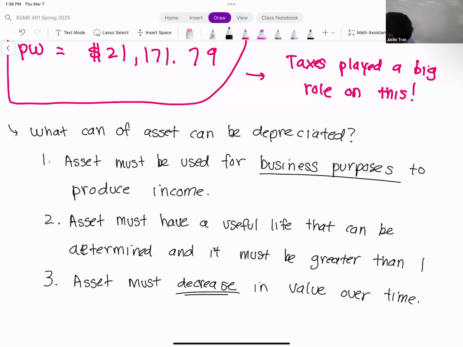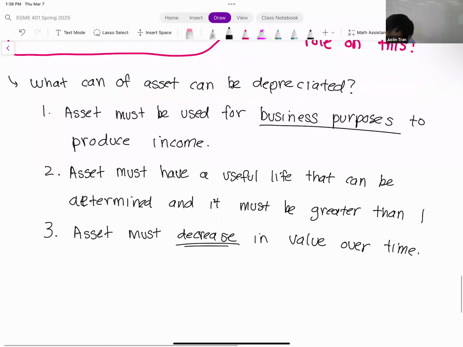And so the longer you keep the asset, generally it's expected the asset will lose value. That's either through use, getting worn out, decaying, becoming obsolete, just any way that the asset can lose value.